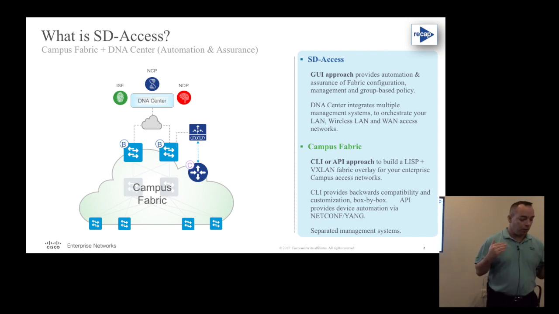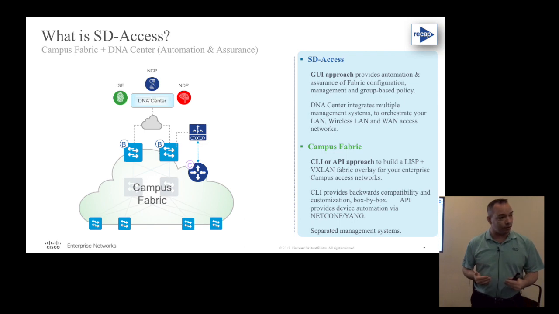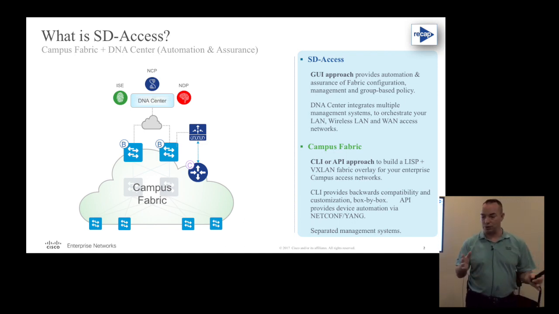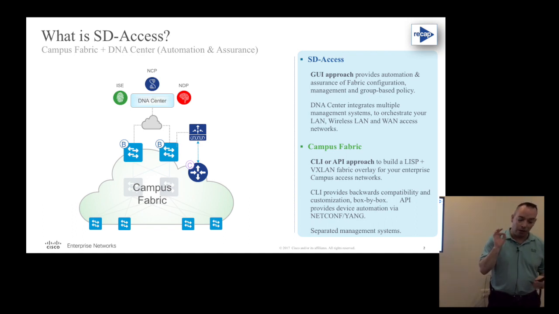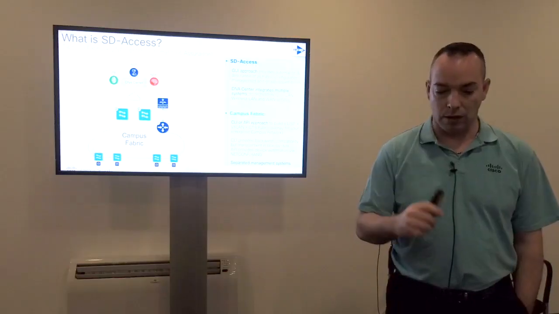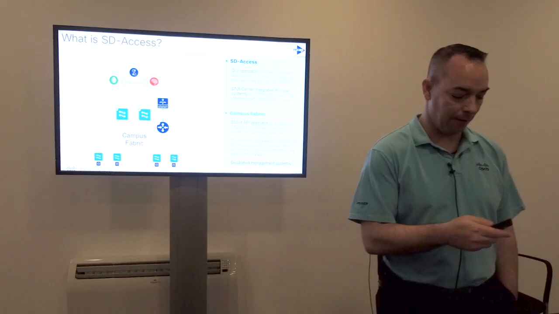But if you integrate that with DNA Center, and you add all the elements of automation and assurance, and I know you guys have other sessions on automation and assurance, I'm not going to get into that too much, but that extra bit is what makes SD Access. So building the Campus Fabric, assuring the Campus Fabric, that's SD Access. So SD Access is Campus Fabric plus automation and assurance. Yeah, you got it.